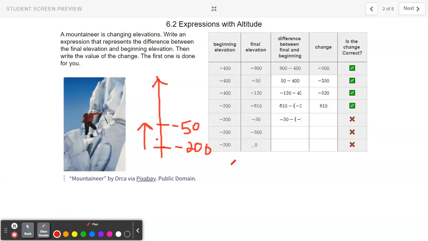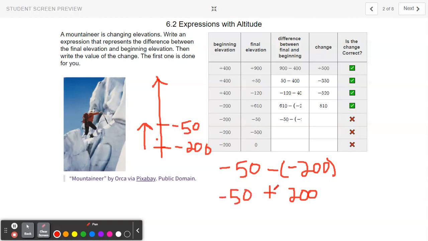And to solve this problem, I know that taking away sandbags is actually the same thing as adding puffs of air. So it's the same thing as adding the opposite to this number.